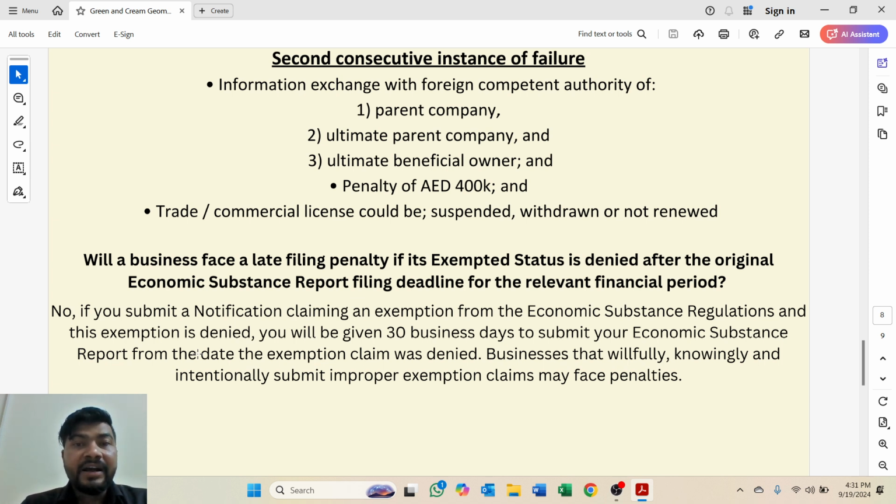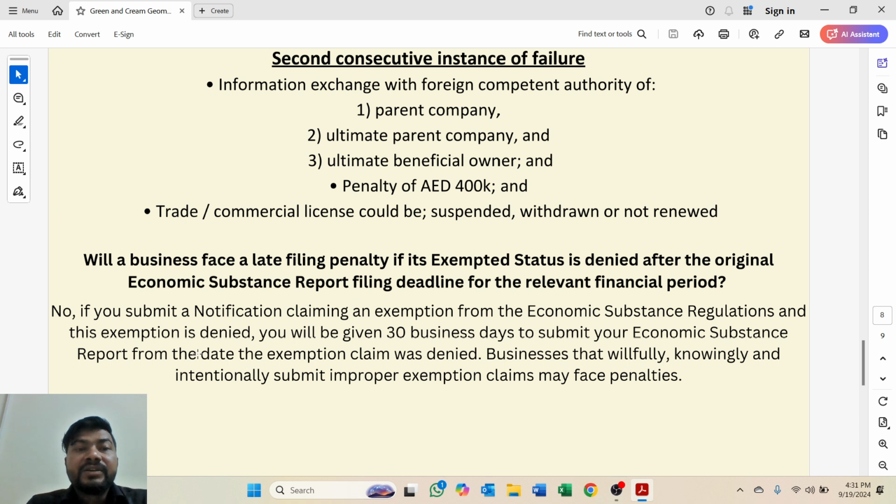I have received this question from many of my clients as well as many people: suppose you file a notification report claiming exempted status, and later on that application is rejected.